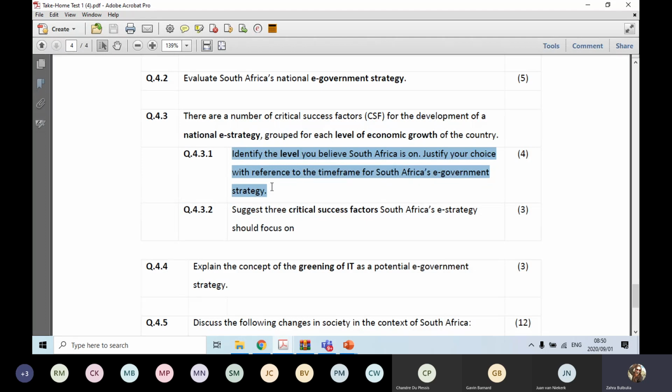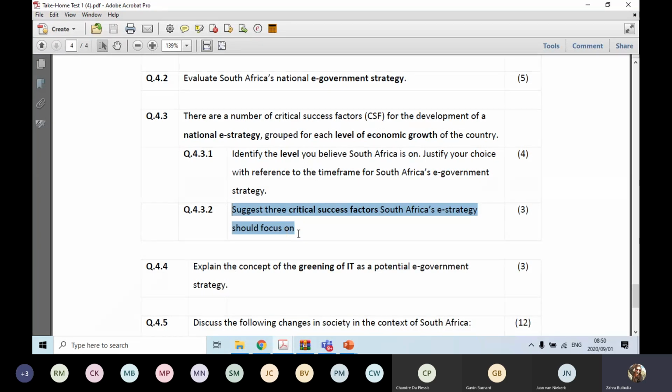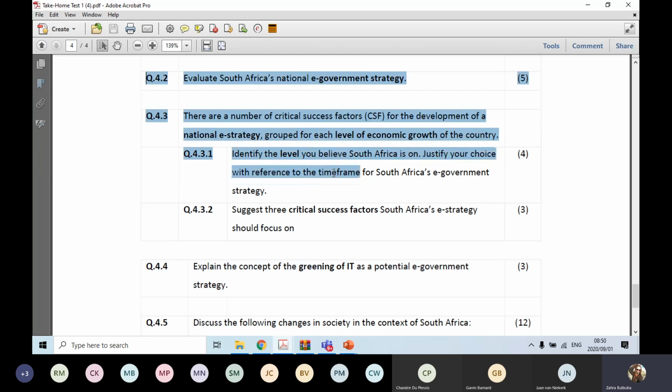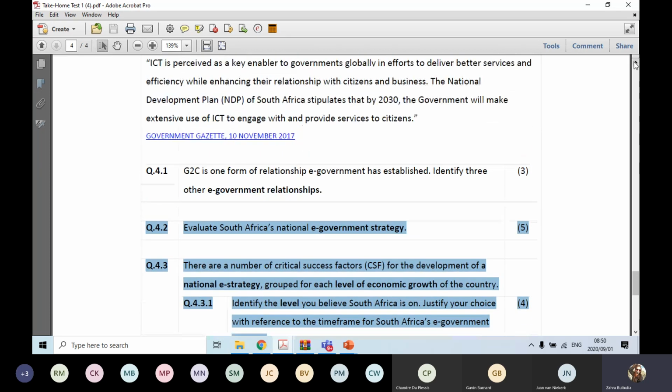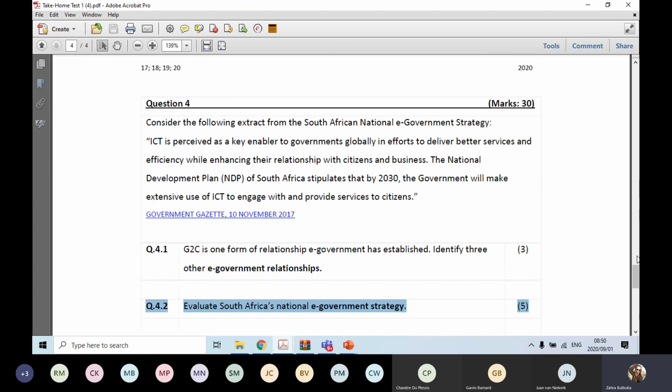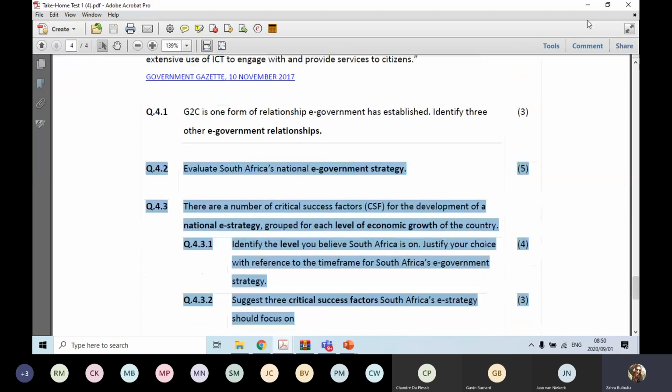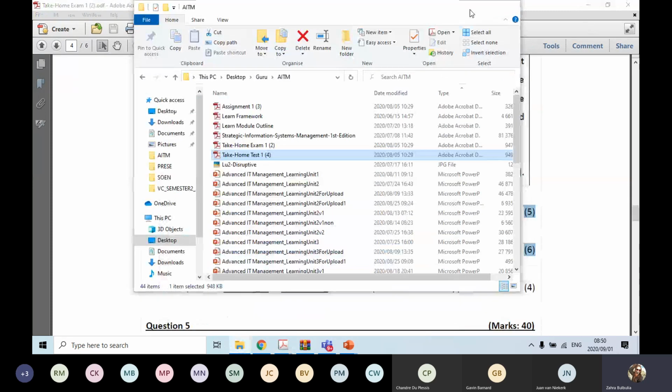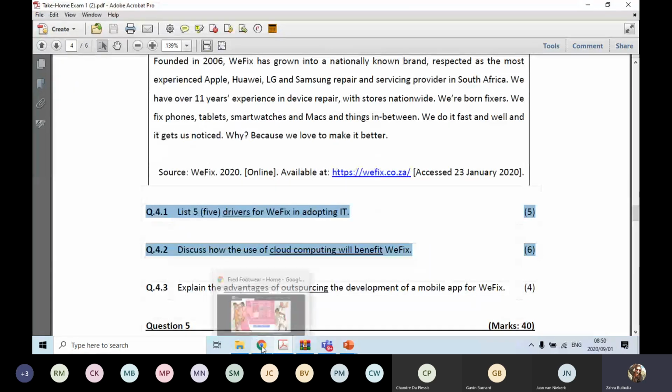Justify your choice with reference to a time frame for South Africa's e-government strategy. Suggest 3 critical success factors South Africa's e-government should focus on. Explain the concept of green IT. We're going to do that in the next lecture, though you guys will be able to answer that. We've covered that last week, actually. So great, you guys are ready pretty much to answer those questions.